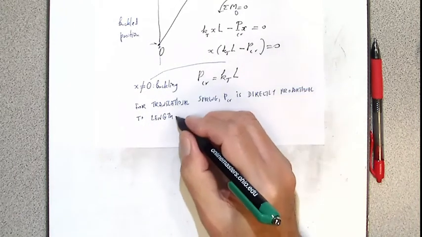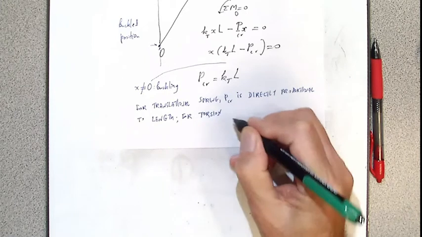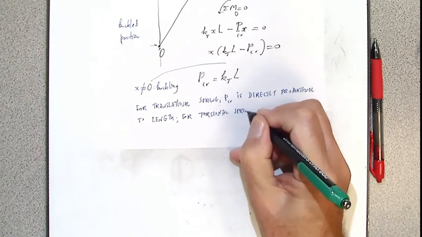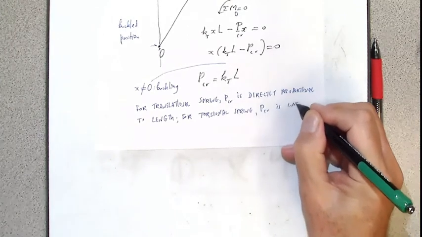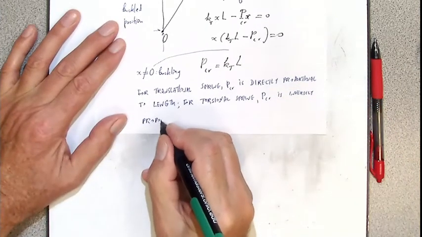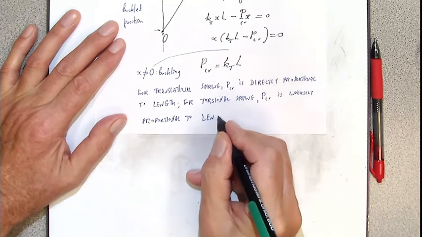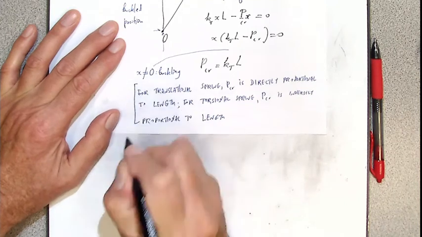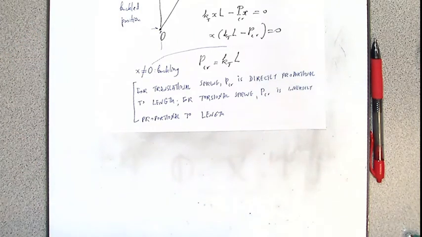For torsional spring, P critical is inversely proportional to length. Any questions?